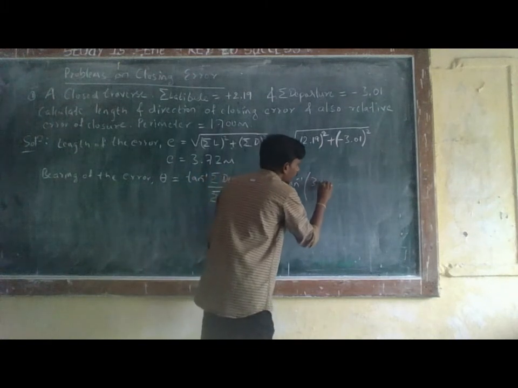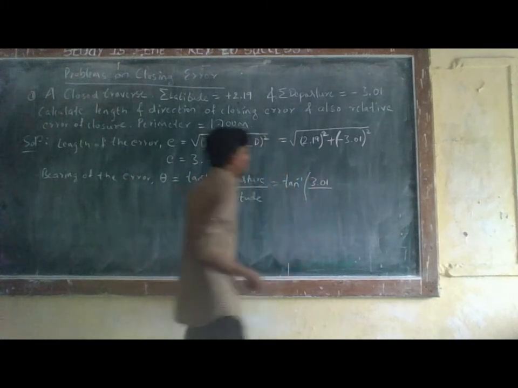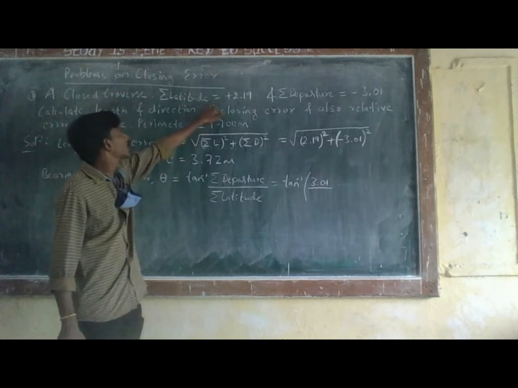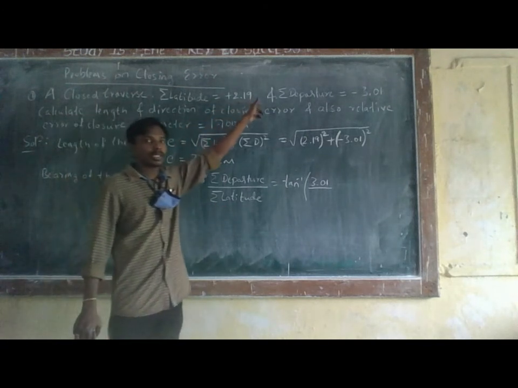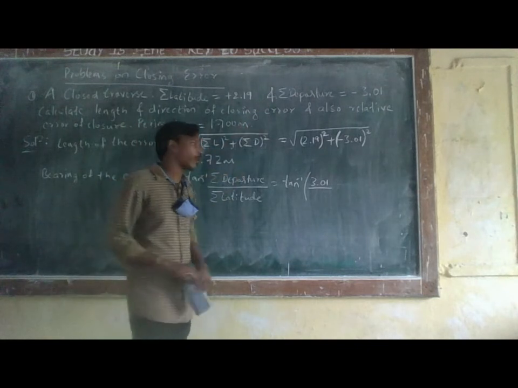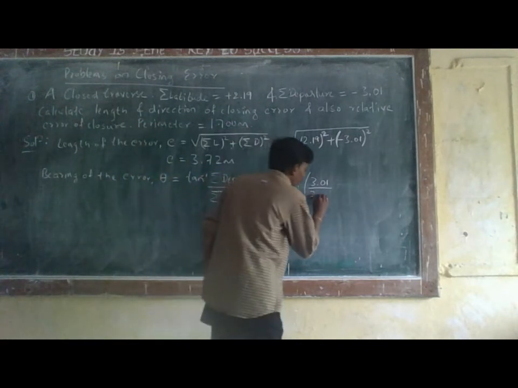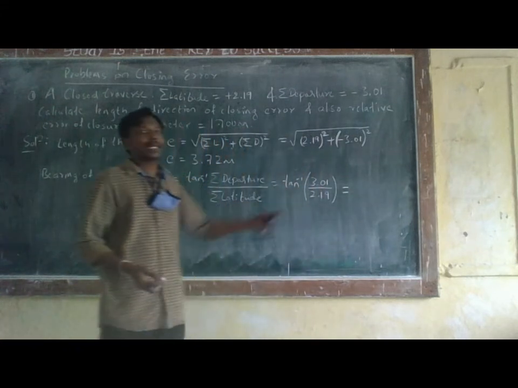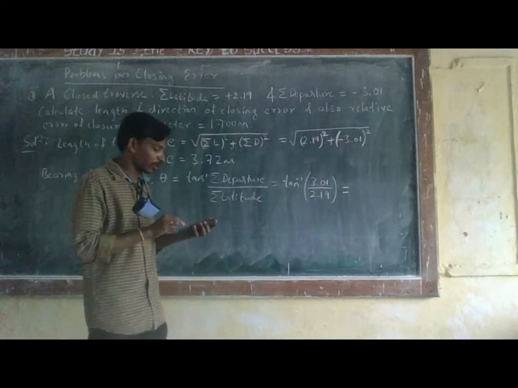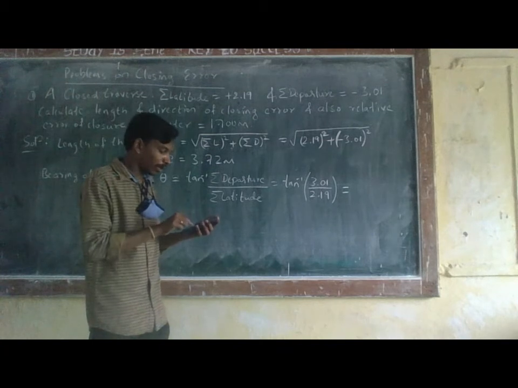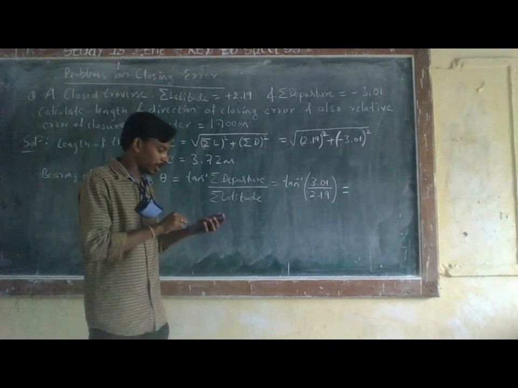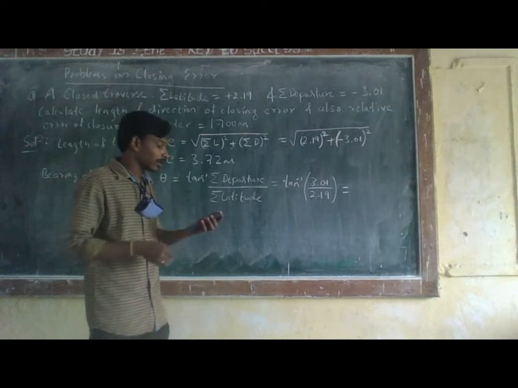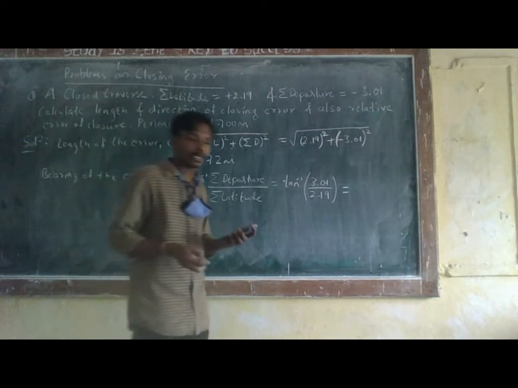directly write 3.01 divided by the summation of latitude. In the question they have given the summation of latitude as 2.19, so substitute 2.19. Now calculate the substituted values. Tan inverse of 3.01 divided by 2.19 will give you 53.96.